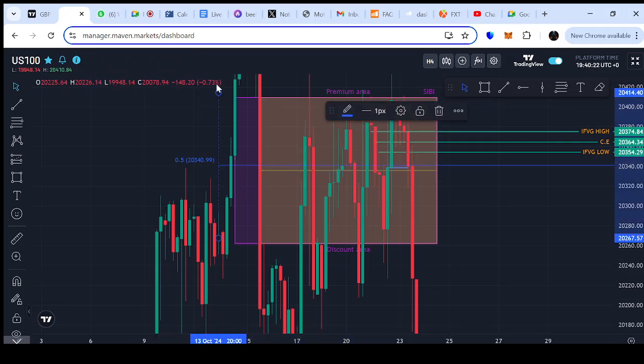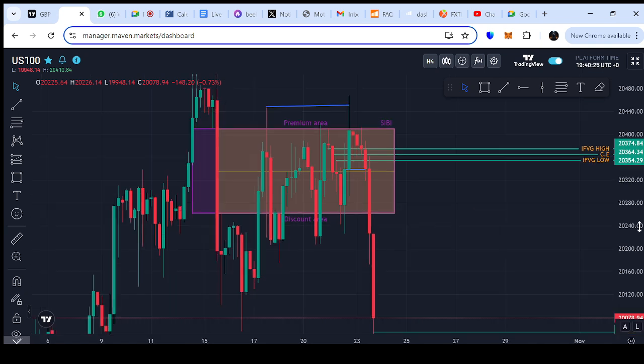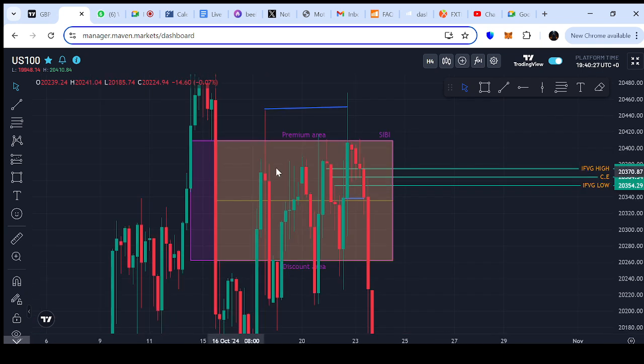Now you can remove this. So the upper side of this whole inefficiency, CB, from the half of it, the upper side is premium, while the downside is discount.